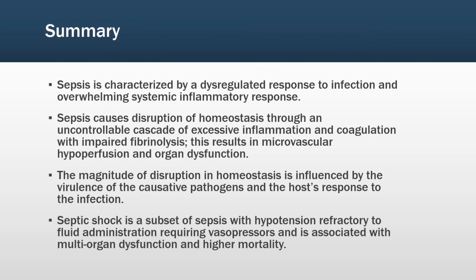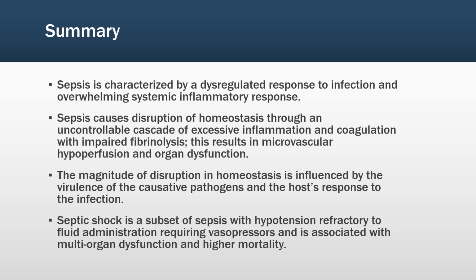So in summary, sepsis is characterized by a dysregulated response to infection and overwhelming systemic inflammatory response. Sepsis causes disruption of homeostasis through an uncontrollable cascade of excessive inflammation and coagulation with impaired fibrinolysis. This results in microvascular hypoperfusion and organ dysfunction.